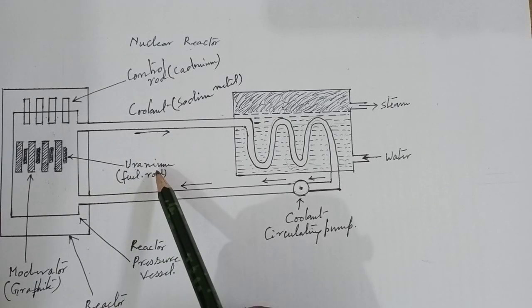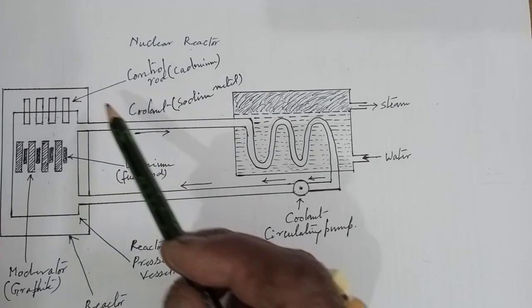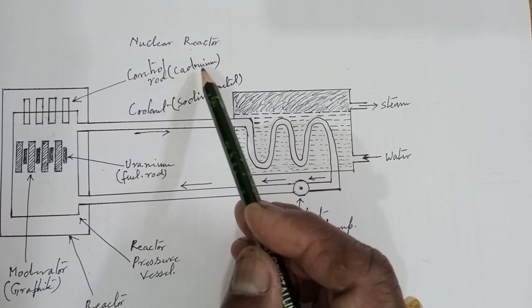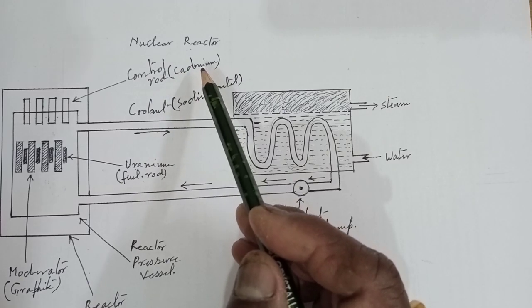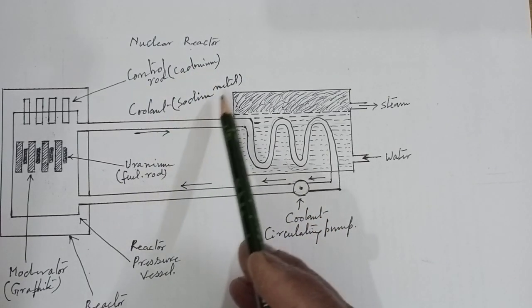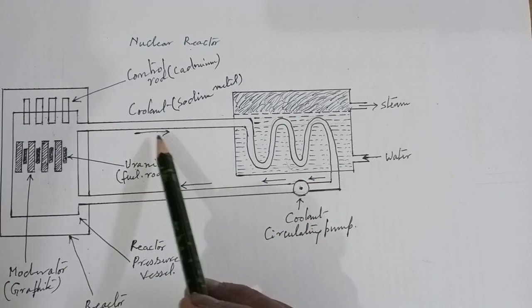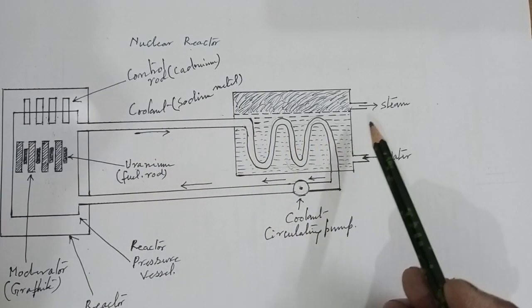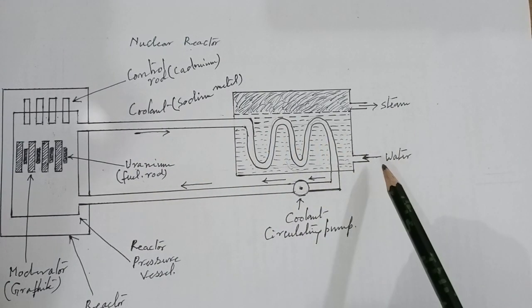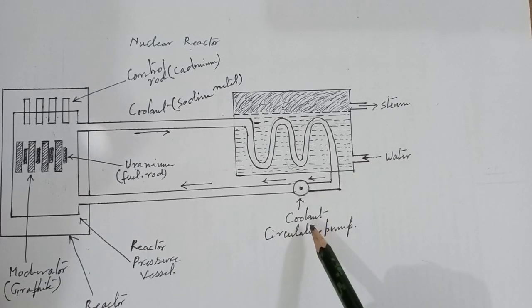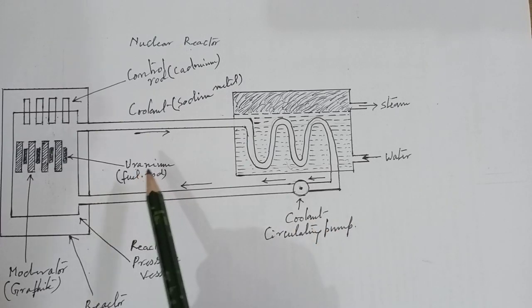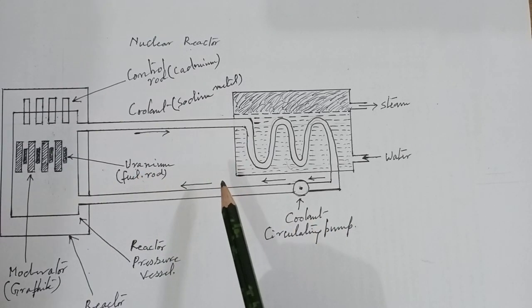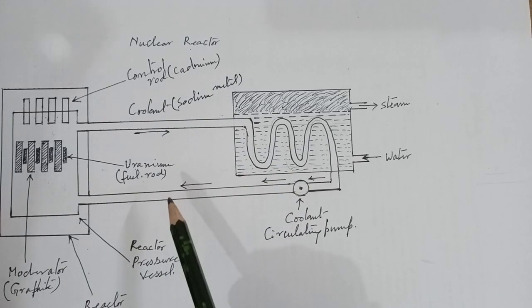Fuel rod uranium, control rod cadmium, coolant sodium metal, steam, water, coolant circulating pump. This is the diagram of nuclear reactor.